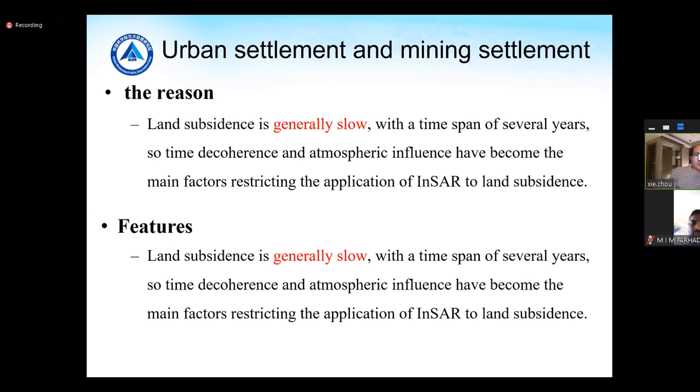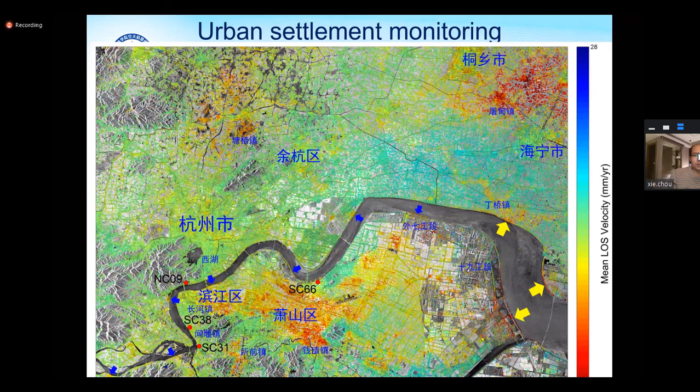For subsidence in other areas, land subsidence is generally slow, with a time span of several years. So temporal coherence and atmospheric influence have become the main factors restricting the application of InSAR to land subsidence. Here is the result for the Zhejiang area.